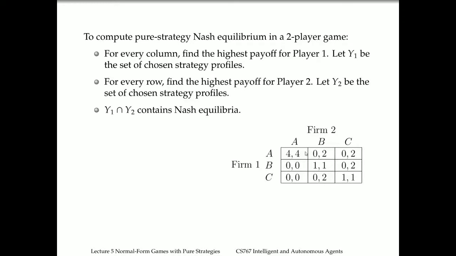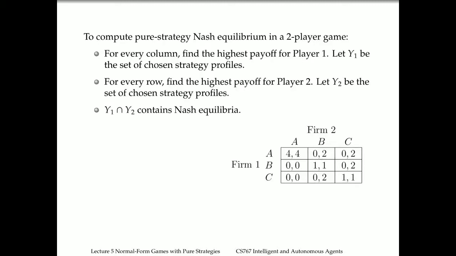Suppose that firm 2 chooses A. Then in this case, the best response for firm 1 will be to choose A. Suppose firm 2 chooses B, then the best response for firm 1 will be to choose B. And similarly, if firm 2 chooses C, then the best response for firm 1 is to choose C as well. Right?